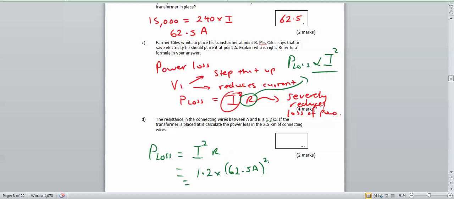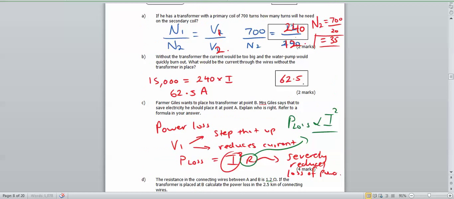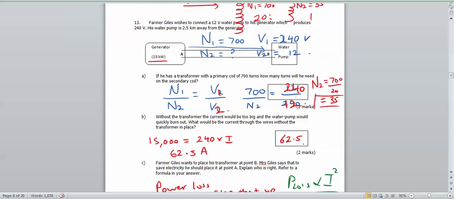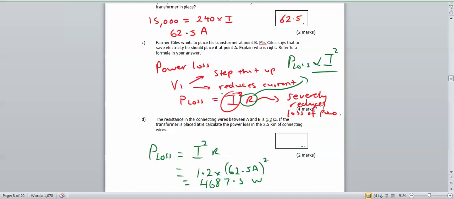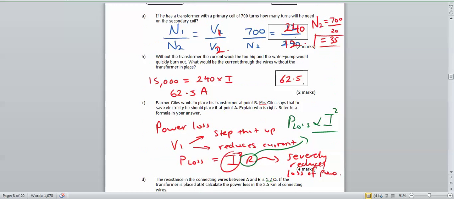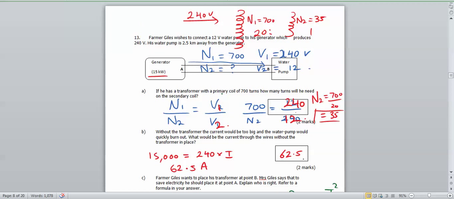So 62.5 squared, 1.2. So with him not doing anything, until the electricity is transmitted through the wires, he's actually going to lose 4,687 watts of power from an initial 15,000 watts. So he's lost about 33% of his power there.